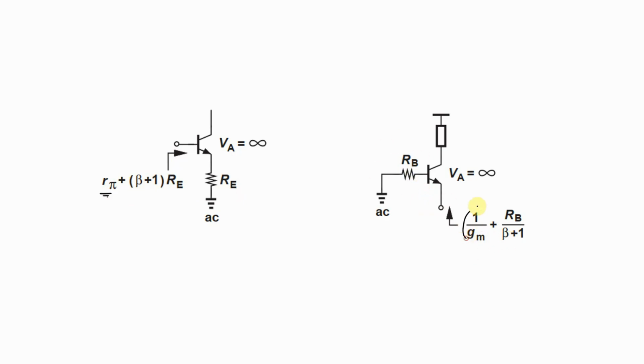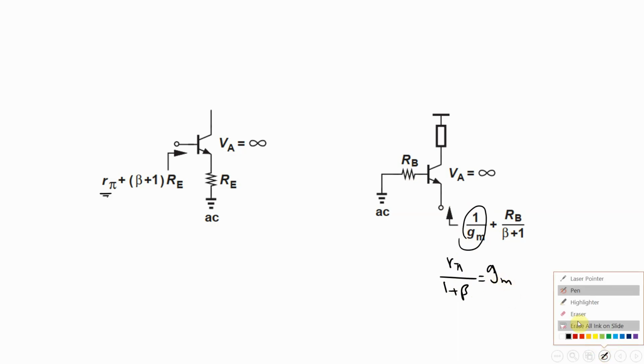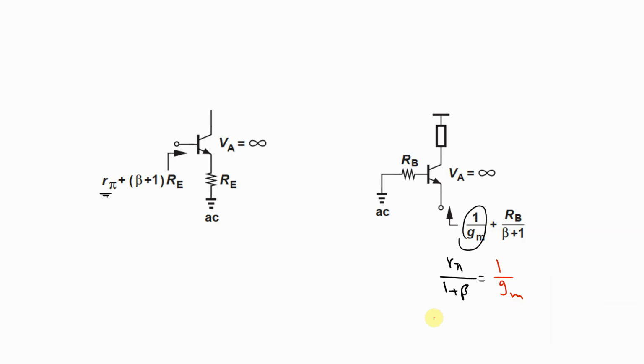And why is this gm? Because this is equal to R pi divided by 1 plus beta. This is actually 1 divided by gm. Okay, let's just use this one. I used Razavi's box for the final PowerPoint here. Okay, here Razavi used 1 divided by gm. These are really important to keep in your mind for the calculation of the gain of amplifiers.